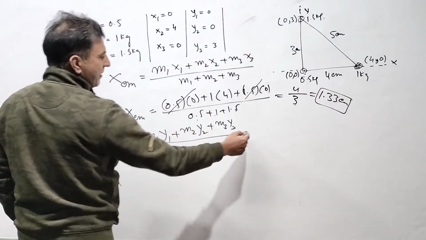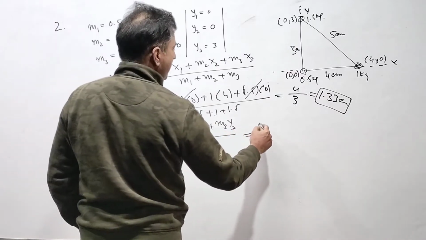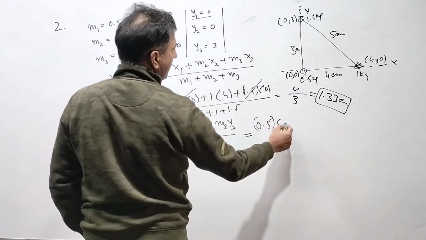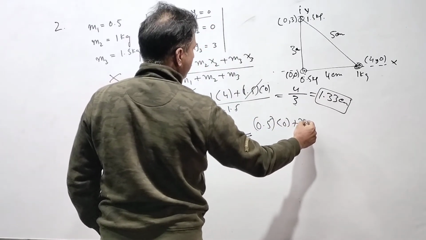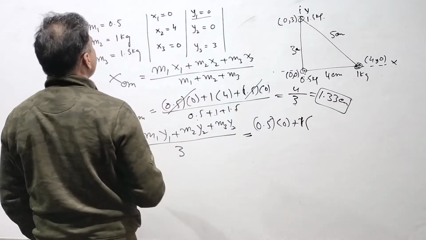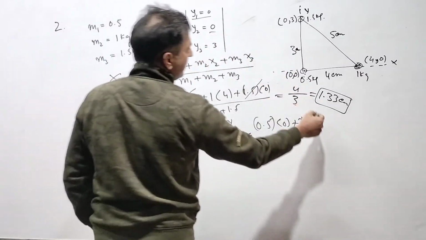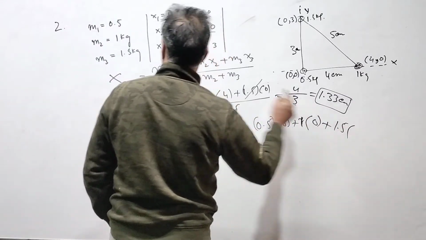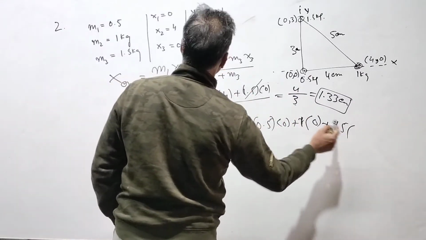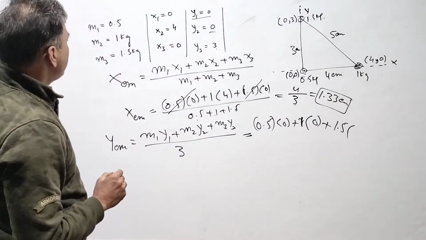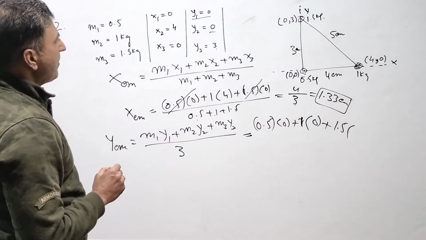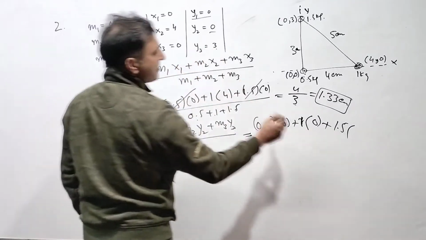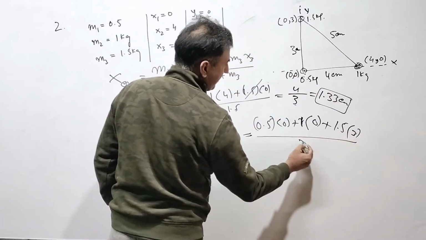This is m1, that is 0.5, into y1 that is 0, plus m2 that is 1, into y2 that is again 0, plus m3 that is 1.5, and its y coordinate is 3, divided by 3.